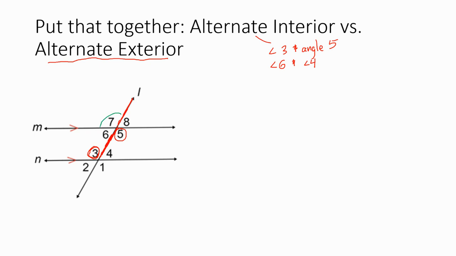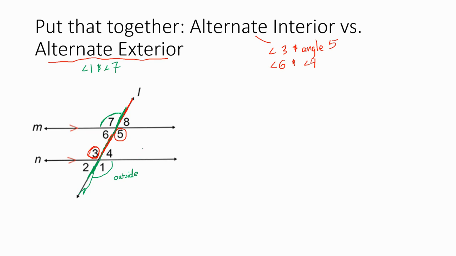So, angle 7 has an alternate exterior partner with angle 1. Notice they're both outside the parallel lines, and they're on the opposite sides of this transversal that's going through them both. So, angle 1 and angle 7 are alternate exterior.